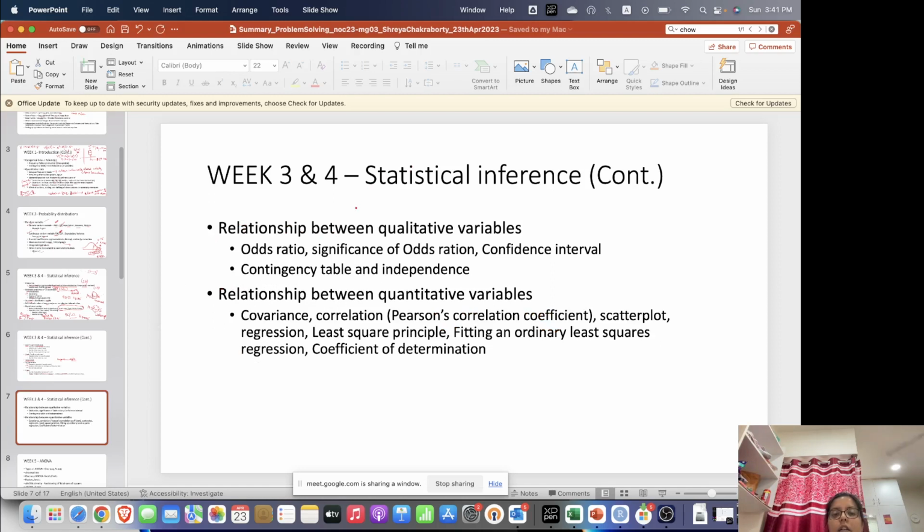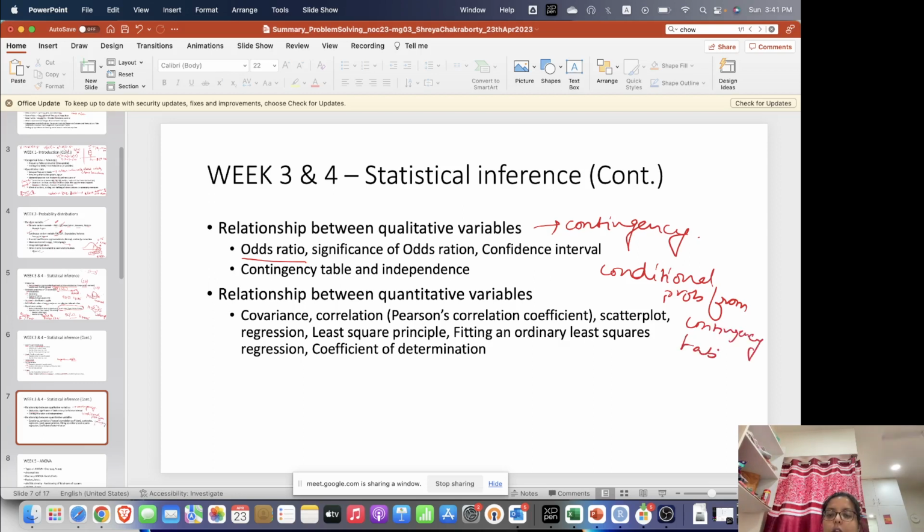then we learned something about relationship between qualitative variables. This we could get from the contingency tables. We learned about how to get odds, how to get odds ratio. We also learned how to get conditional probability from this contingency table, how to get odds ratio, how to obtain a confidence interval for odds ratio.